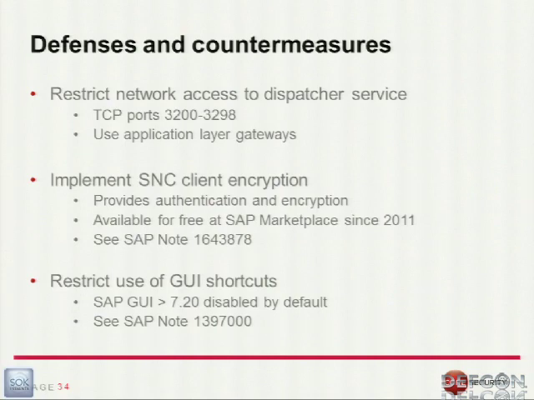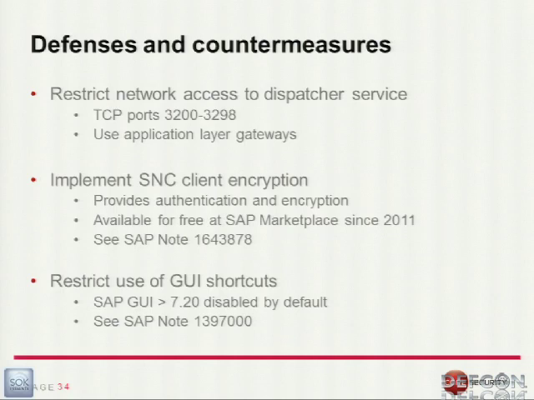You can use application level gateways such as the SAP router to perform this kind of segmentation. Another, and the most important recommendation, is to implement encryption on all clients. The SNC component provides both authentication and encryption. It's available for free to, I think, all SAP's customers.